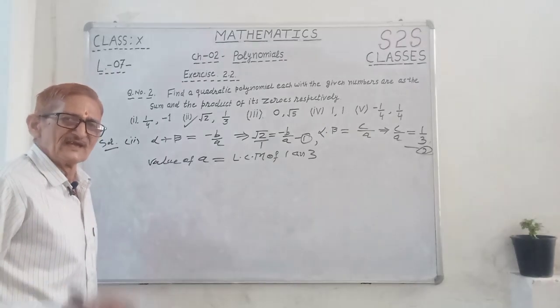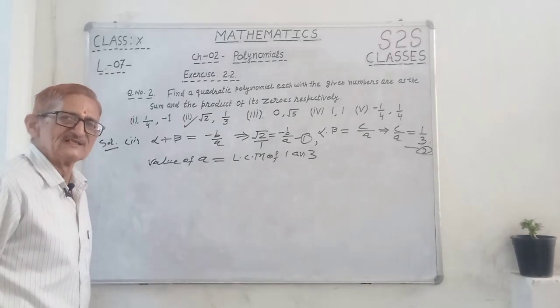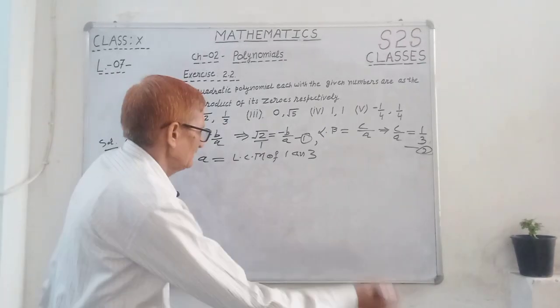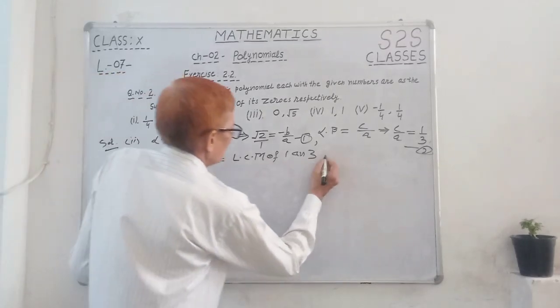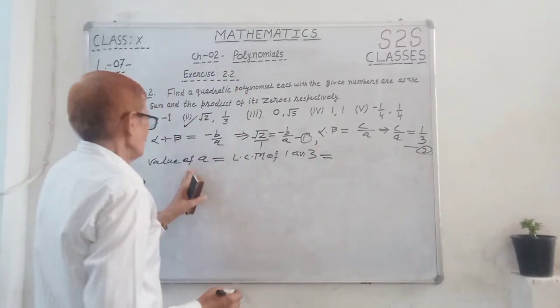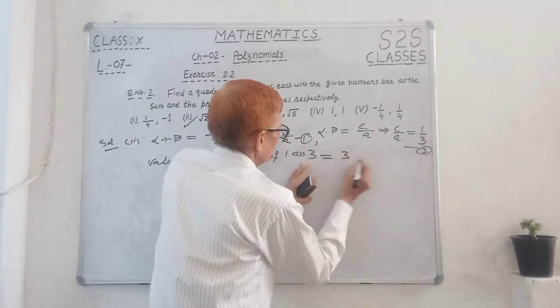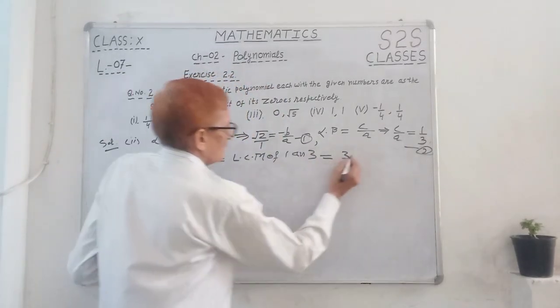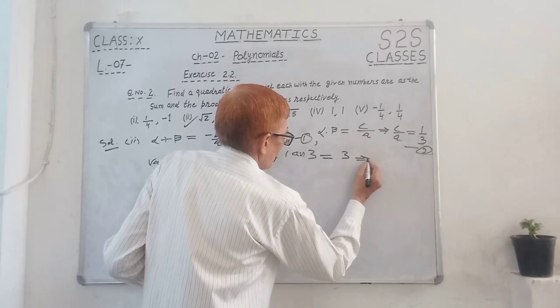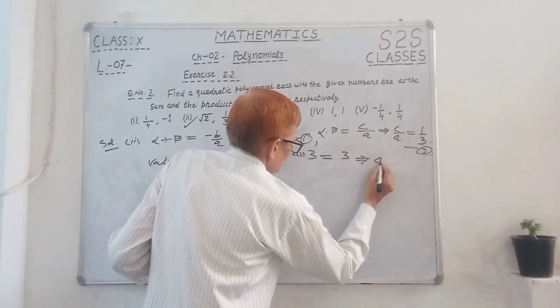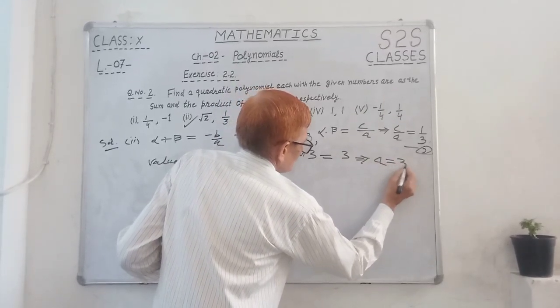To make them the same number, we take the LCM. Okay, done. So LCM of 1 and 3 is 3. So it means the A value is equal to 3. This implies A is equal to 3.